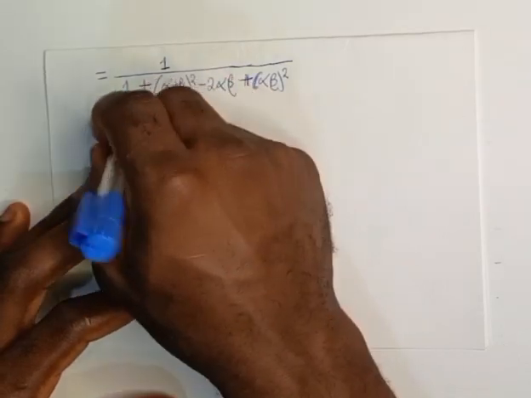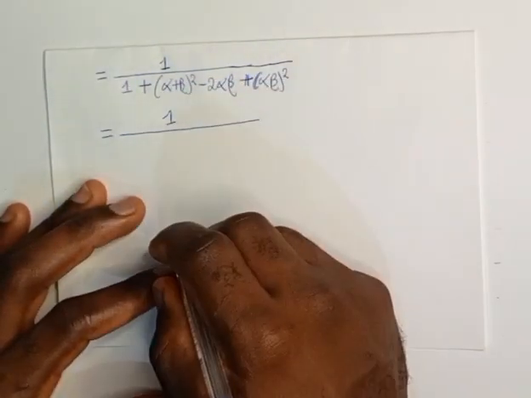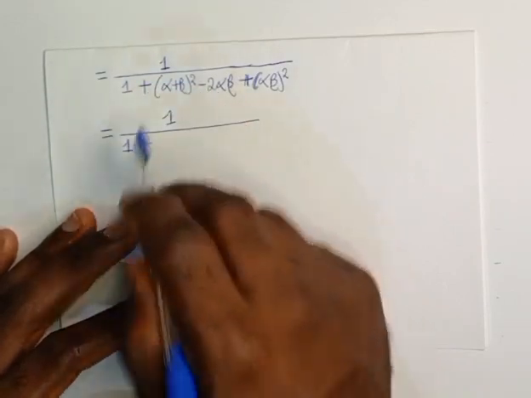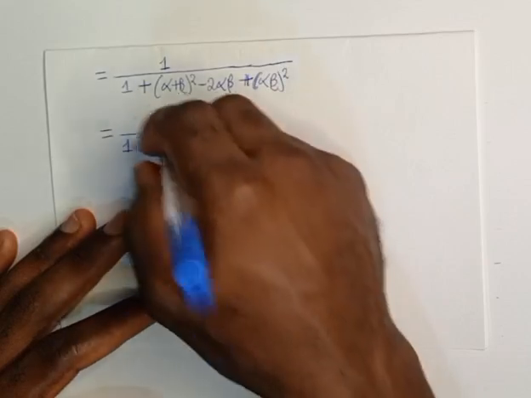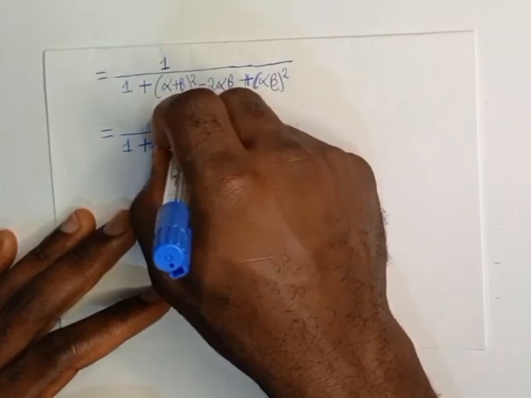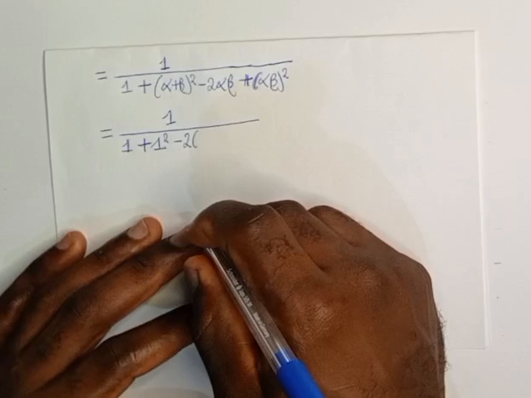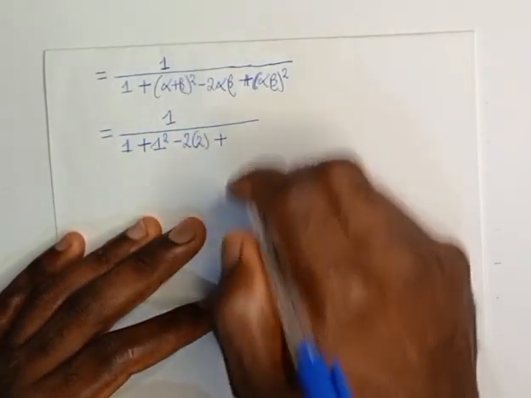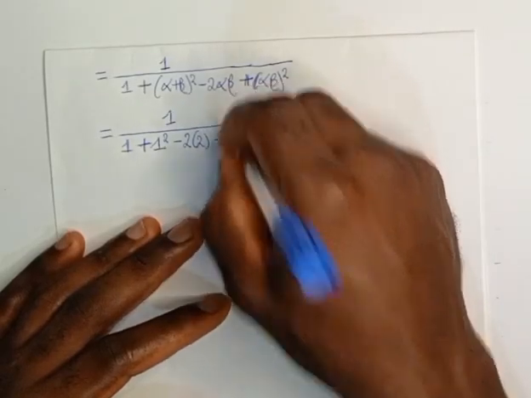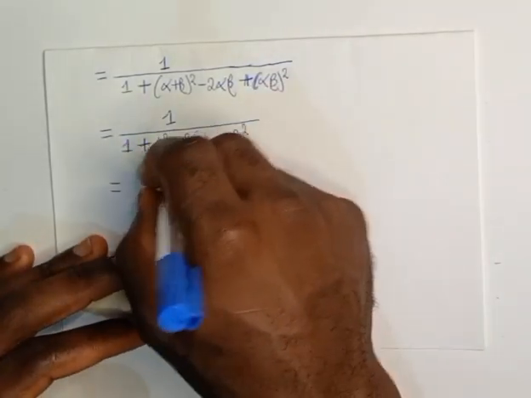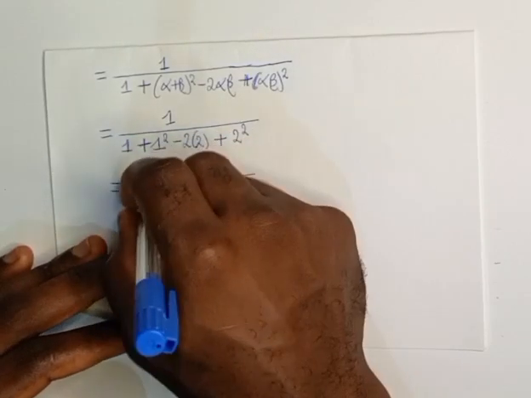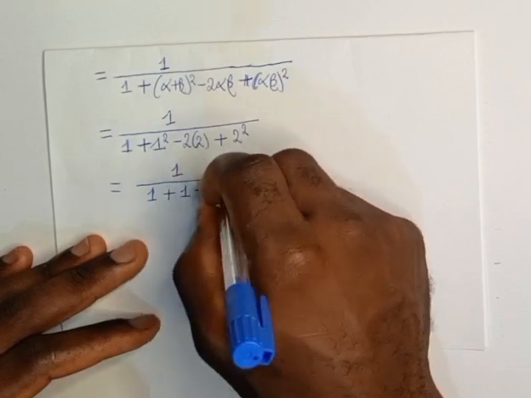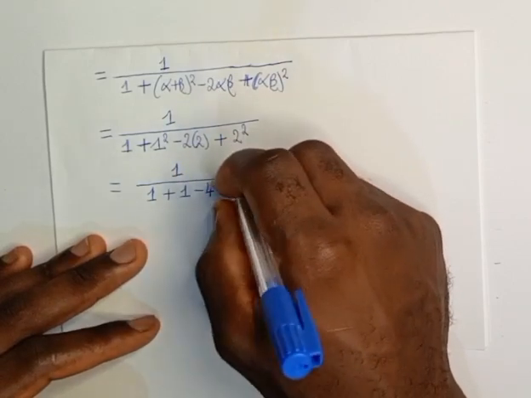This will simply be equal to 1 all over 1 plus alpha plus beta, which is 1 squared, minus 2 times alpha times beta, which is 2, plus alpha times beta, which is 2 squared. This will be equal to 1 all over 1 plus 1 squared, which is 1. Negative 2 times 2 gives negative 4, plus 2 squared gives us 4.